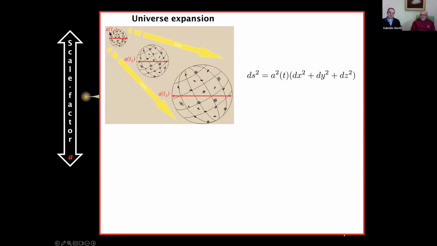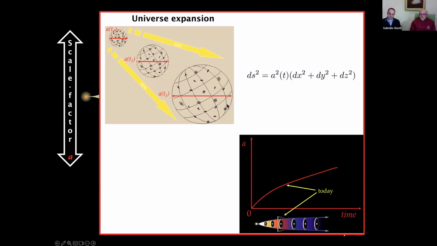And the parameter a describes the expansion of the universe. And you have an evolution of the scale factor of the universe. You see, the scale factor a is a function of time.